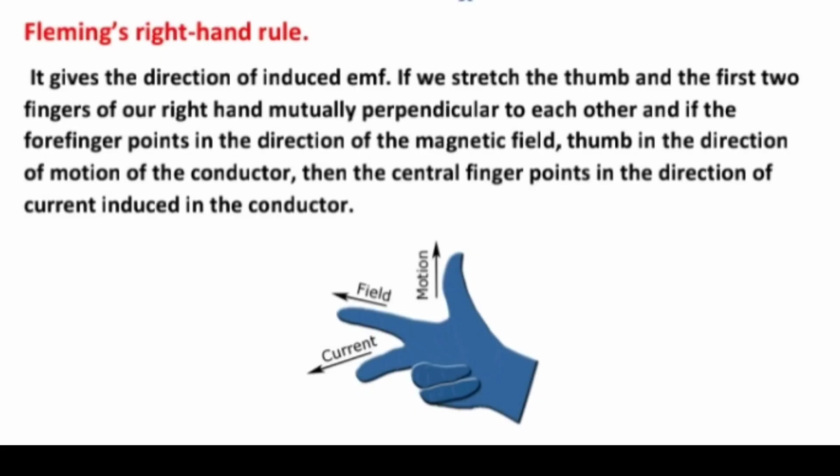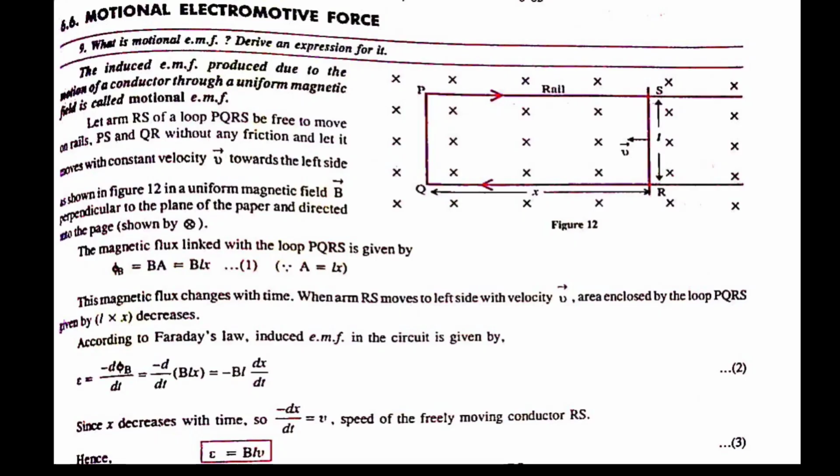If we stretch the thumb and the first two fingers of our right hand such that these three are mutually perpendicular to each other, then the forefinger or the index finger points in the direction of the magnetic field, the thumb gives the direction of the motion of the conductor, and the central finger points in the direction of the current induced in the conductor.